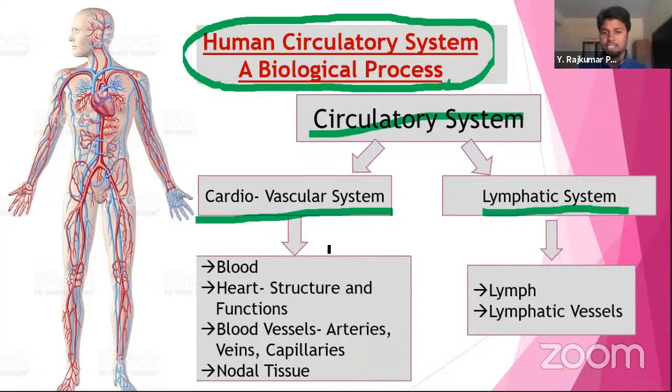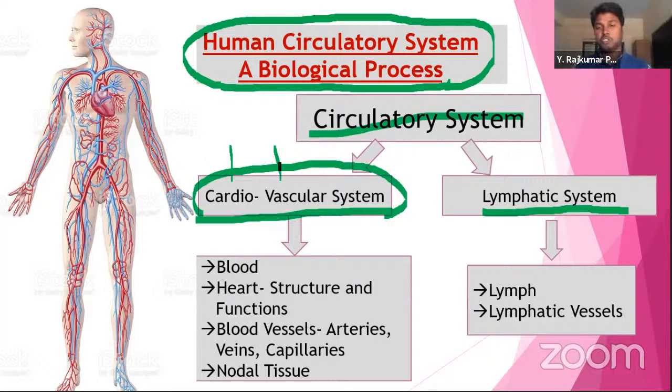This is a pie chart, the common mind map. See, cardiovascular system, the name itself says: cardio means related to the heart, vascular means tubular structures, that means blood vessels. So we learn about the cardiovascular system, under which we learn about blood, the heart, its structure and functions, and blood vessels like arteries, veins and capillaries.